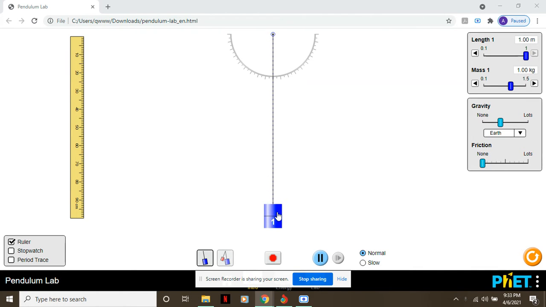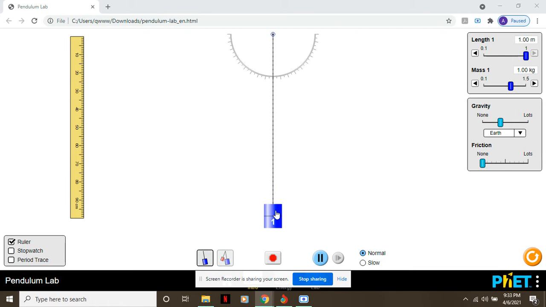The pendulum is simply a mass which is attached to a string, or it could be a fixed rod of a certain length. Now, we can use the pendulum to perform various functions.